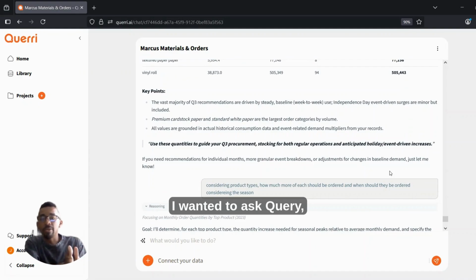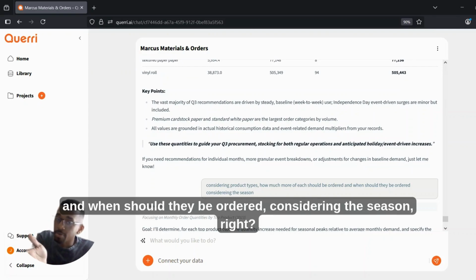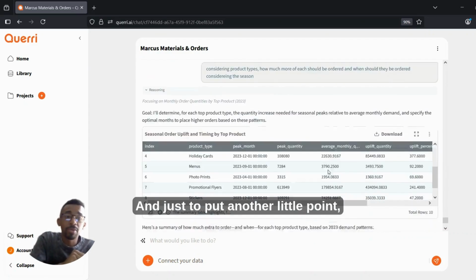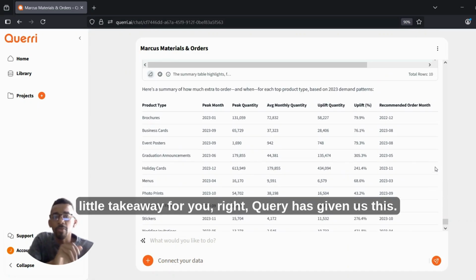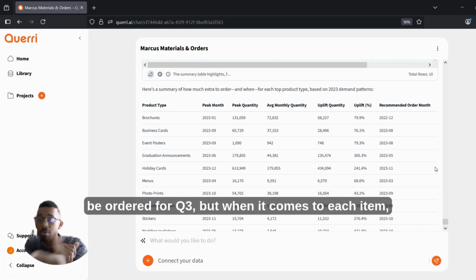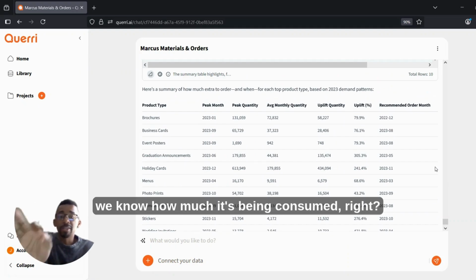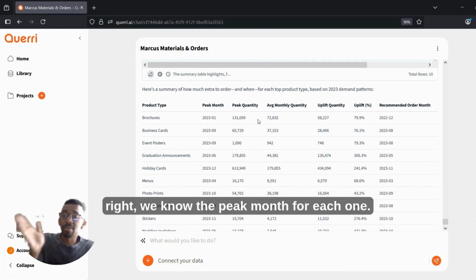I wanted to ask Query, okay, this is great, but how much more of each item should be ordered, and when should they be ordered, considering the season? And just to put another little takeaway for you, Query has given us this. So not only do we know exactly how much should be ordered for Q3, but when it comes to each item, we know how much it's being consumed. And of course, as we've previously calculated, we know the peak month for each one.